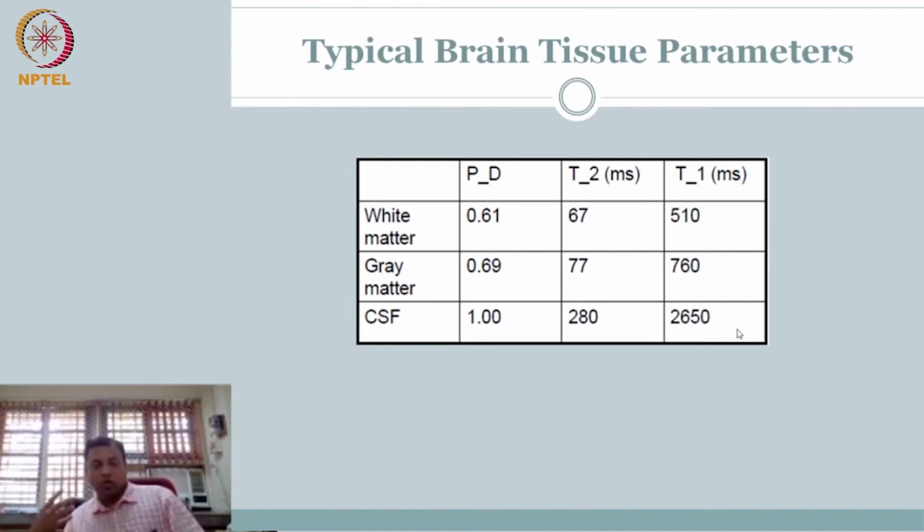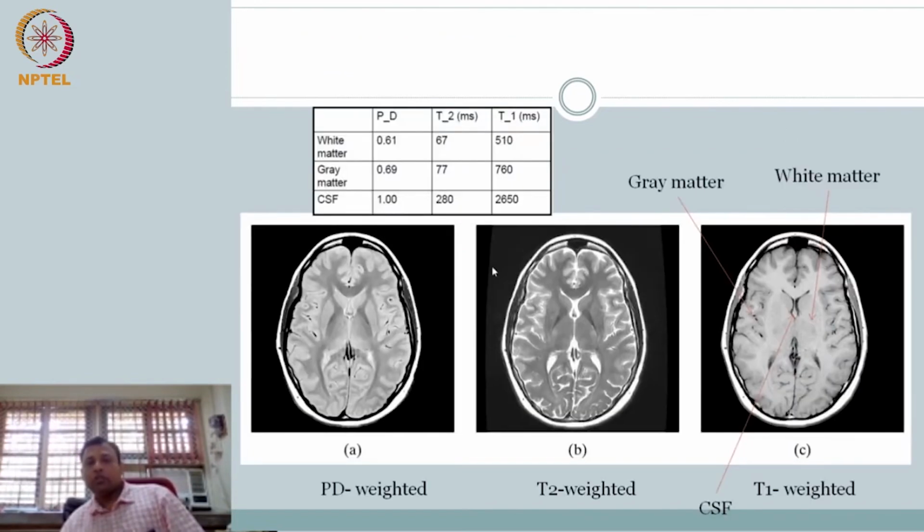Okay, so now the objective is, how do I get an image that predominantly captures the contrast due to proton density, contrast due to T2, contrast due to T1? Clearly each image is going to look different, right? This is the same slice. This is what we call a PD weighted image, T2 weighted image, and T1 weighted image. This is the same table from the last slide. You have different materials and each of them has different properties.